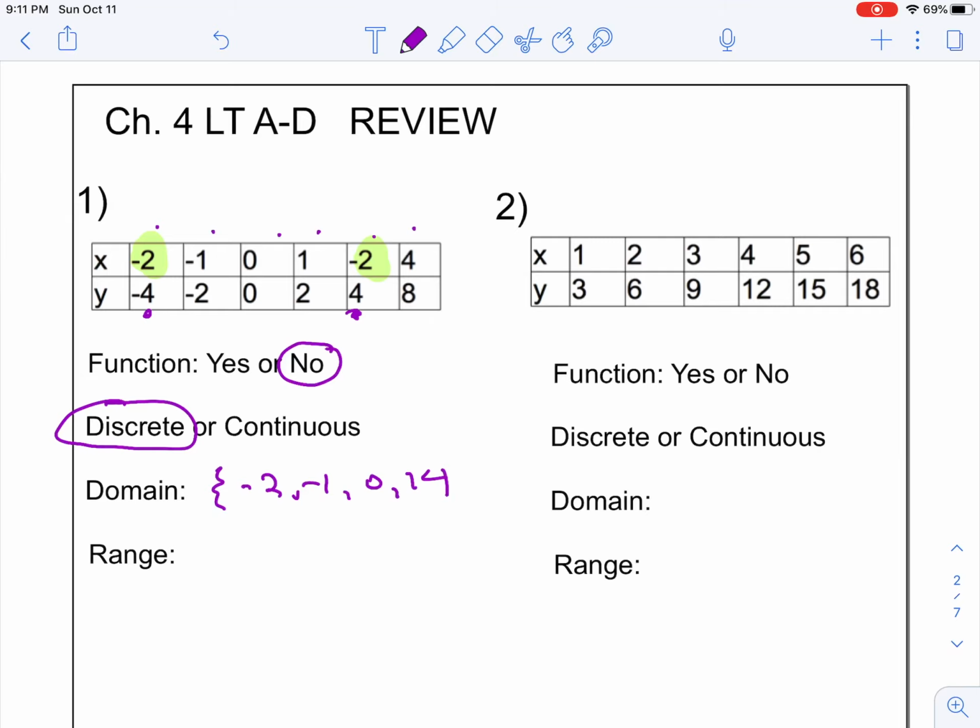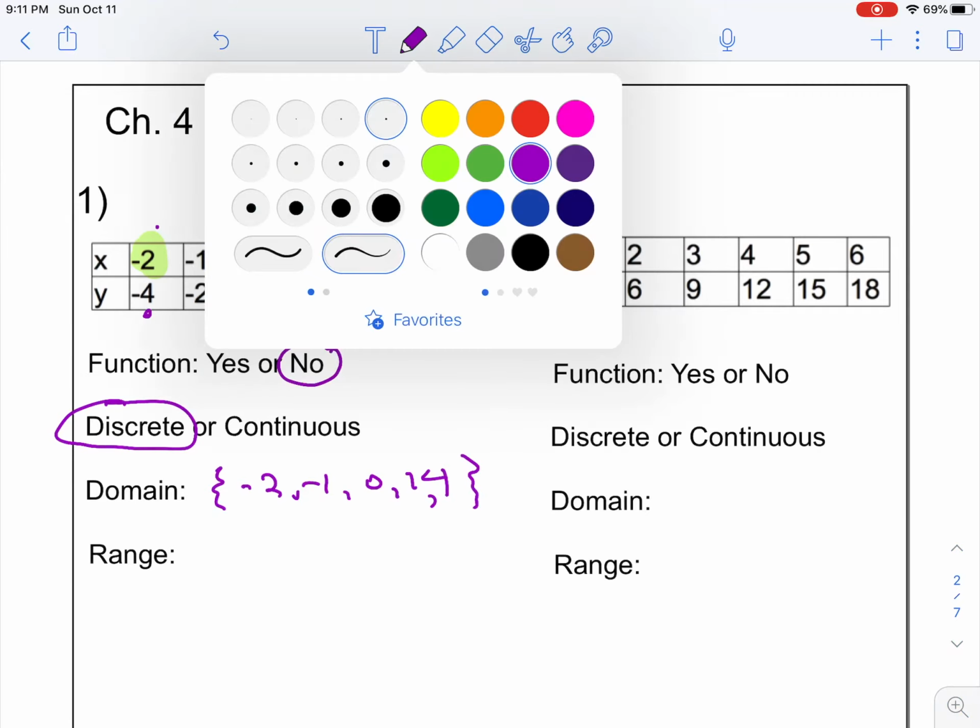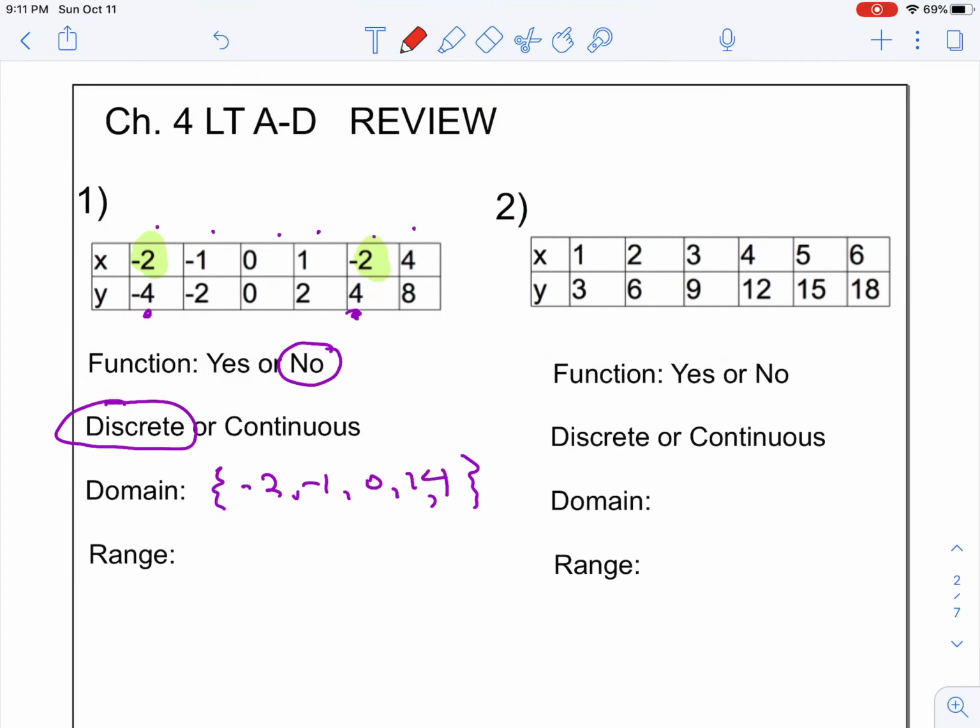So this would be your domain. Your range is the set of all y values. And so my y values are these right here. And again, I only need to list them once, starting with the smallest one. Sometimes they might be in order, like in this case, but not always.